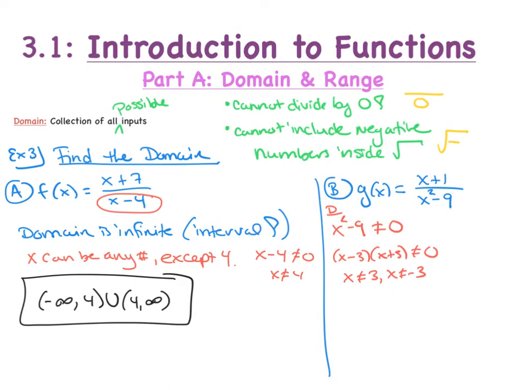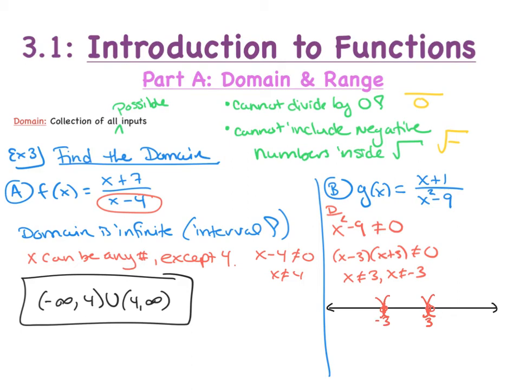Now, here's a suggestion for writing these where you want everything except for just 1 or 2 numbers. Write this on the number line. Graphing this on a number line is not required, but man, it really helps. And then I'm going to plot my 2 values that I want to toss, negative 3 and positive 3. And instead of putting open circles at those, I'm going to put back-to-back parentheses at negative 3 and positive 3.